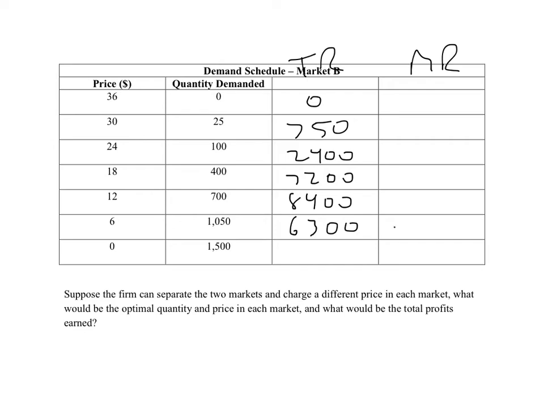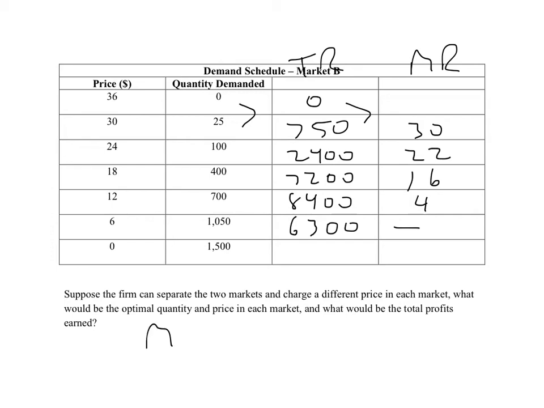The margin became negative. So there's no use in going any further. We never produce where marginal revenue is negative. So we can now compute our margins. 750 divided by 25, that's 30. And you might want to just check me, make sure I'm right here, but I believe that's the margins.